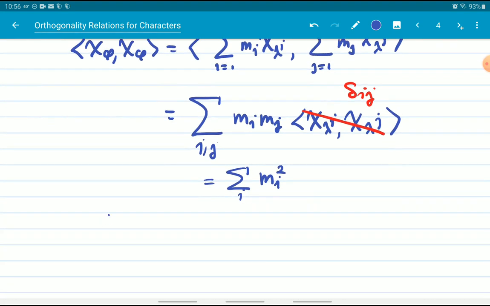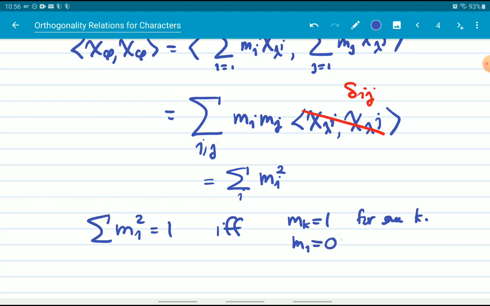Now you can ask, when can this be equal to 1? Well, that happens if and only if one of those things is 1 and the others are 0. That's the only way that can happen, because it's a sum of non-negative integers.